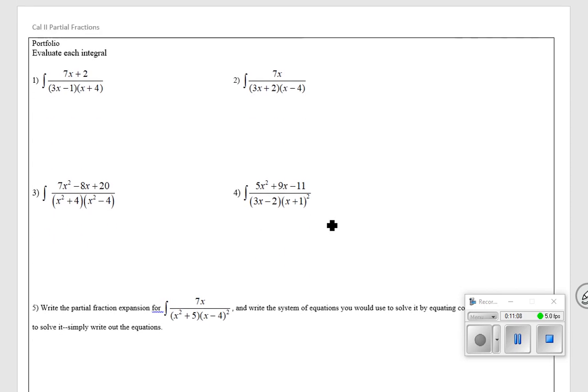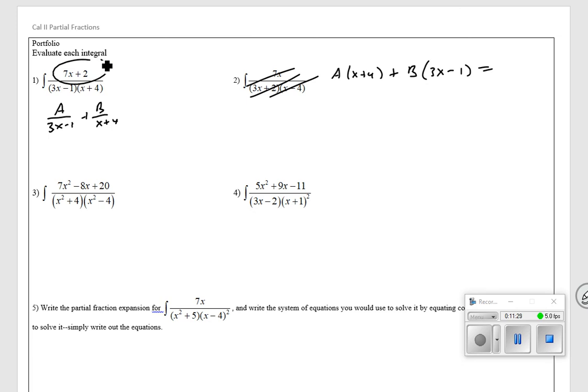Let's try another one. This one's fairly simple. This is going to be a over 3x minus 1 plus b over x plus 4. And when I do my cross multiplying, I'm going to have a times (x plus 4) plus b times (3x minus 1) equals 7x plus 2.